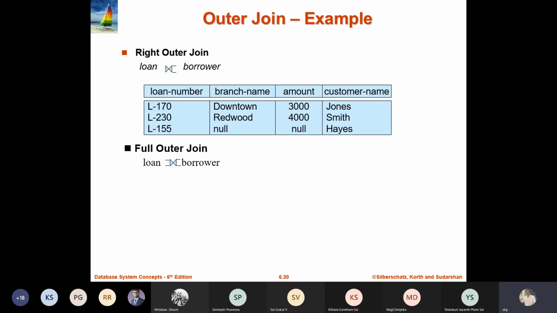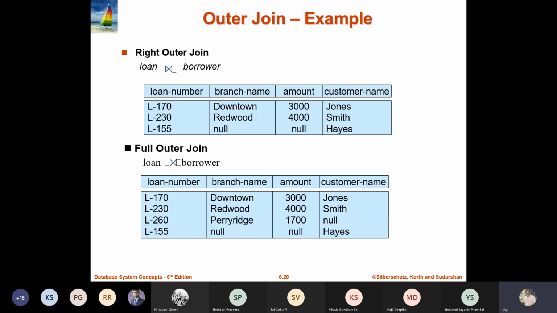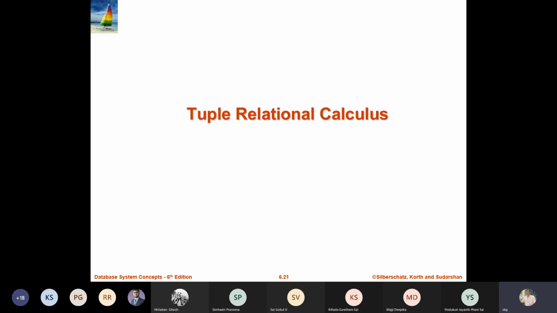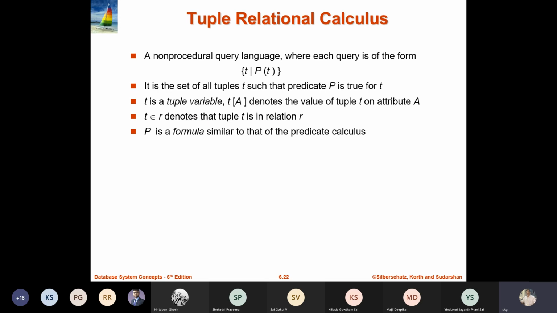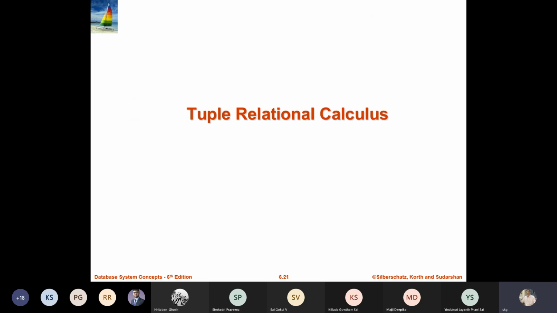Okay, this was a quick look at relational algebra representation, which has a direct implication for the SQL queries you are writing. This is a procedural language. Next, we will look at the tuple relational calculus and the domain relational calculus.